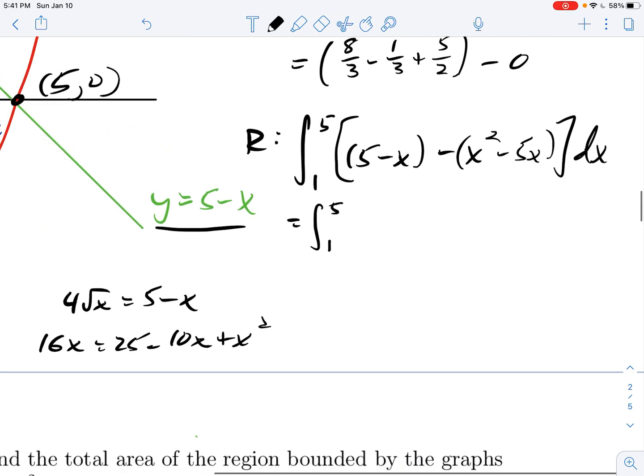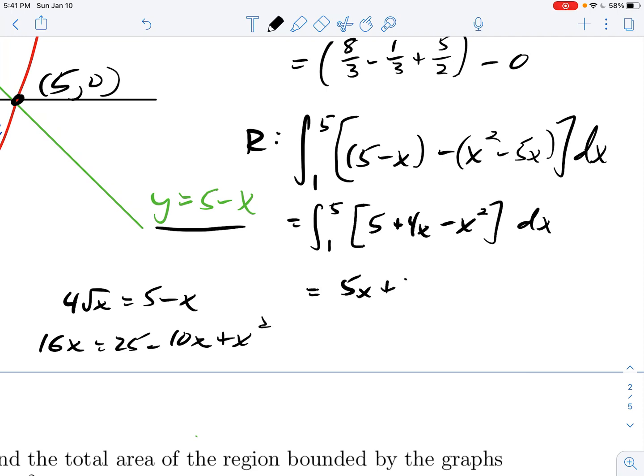I know this is getting a little bit hard to follow, but I would have 5 minus x plus 5x is plus 4x minus x squared. My antiderivative here is 5x plus 2x squared minus 1/3 x cubed.